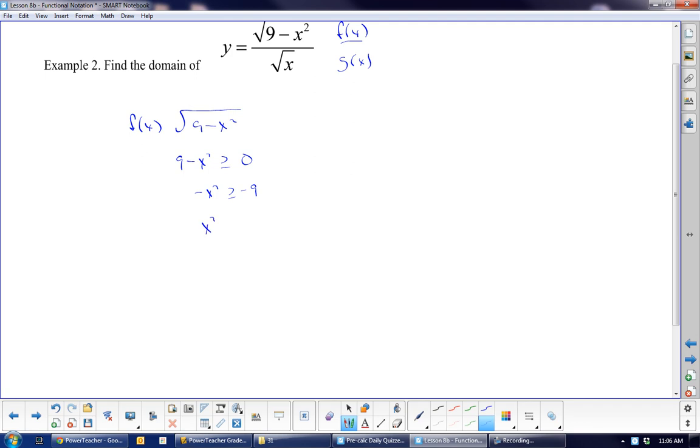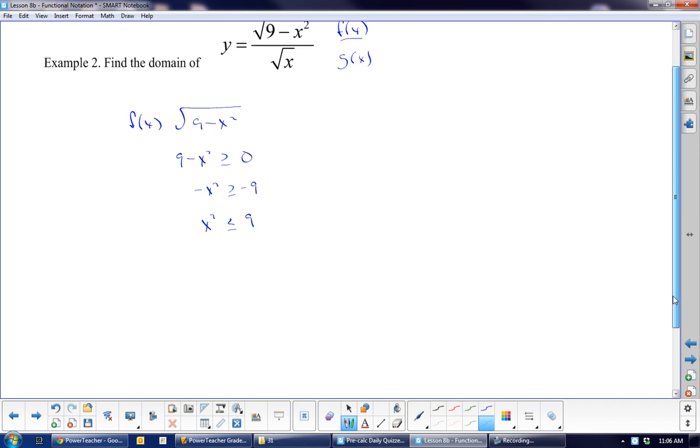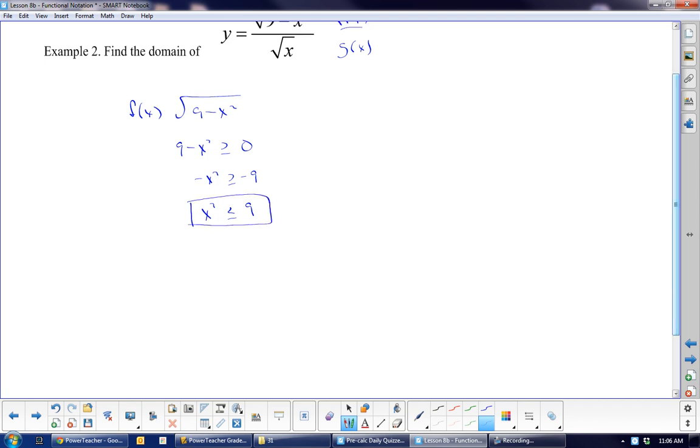So x squared has to be less than or equal to 9. You wouldn't square root this because you'd want to think about what values would work. So the values that would work would be between -3 and 3.